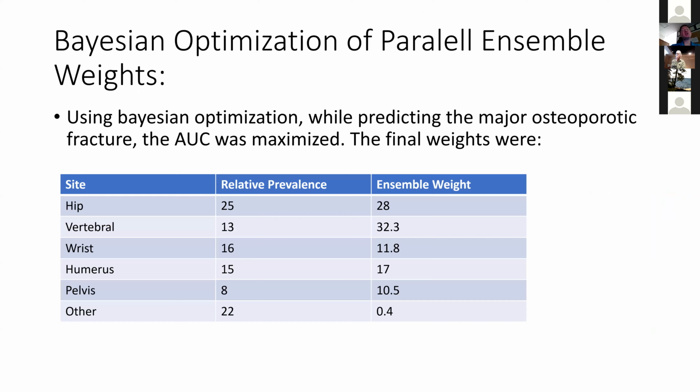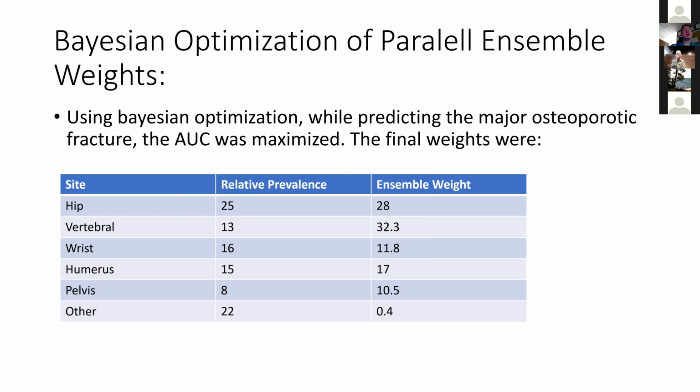And the answer is sort of, but not entirely. Basically, the best algorithm will be weighted based off of prevalence, because obviously the more prevalent the fracture is, the more likely you are to detect it with the algorithm. But the second reason would be if the algorithm was able to detect the underlying features better for a certain fracture type than for another fracture type.